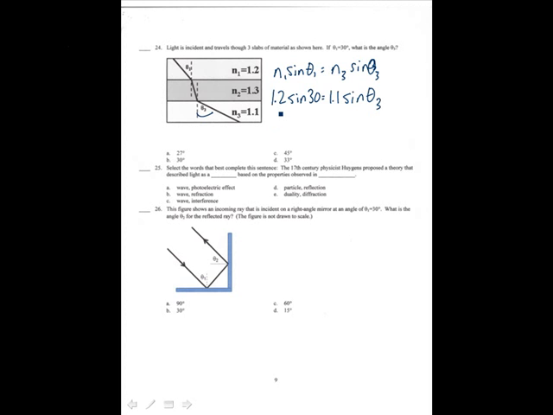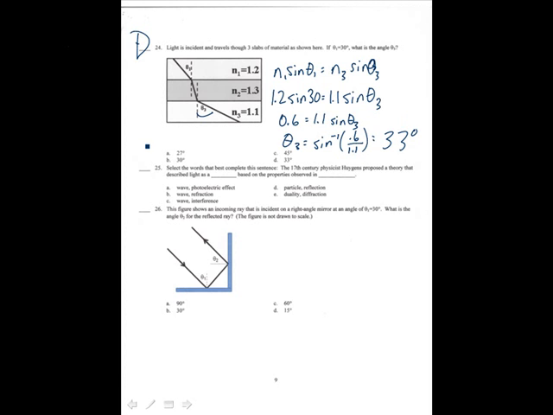And this is 0.6 equals 1.1 sine theta 3. So theta 3 is the inverse sine of 0.6 over 1.1, which is 33 degrees. So the answer is B for number 24.